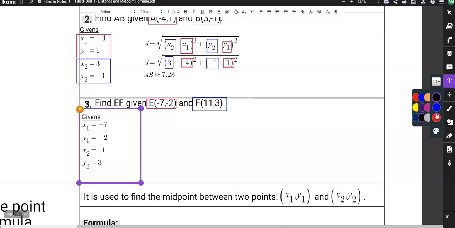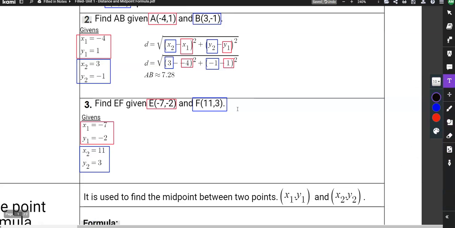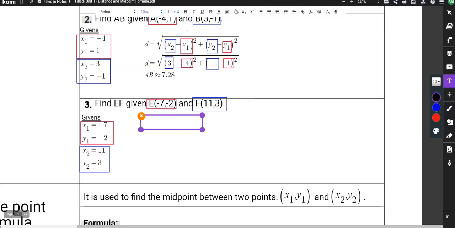All right. I'm going to go ahead and color code. So I've got my point 2s and my point 1s, my first point and my second point. And then of course we did our list. So now we're going to do our formula.